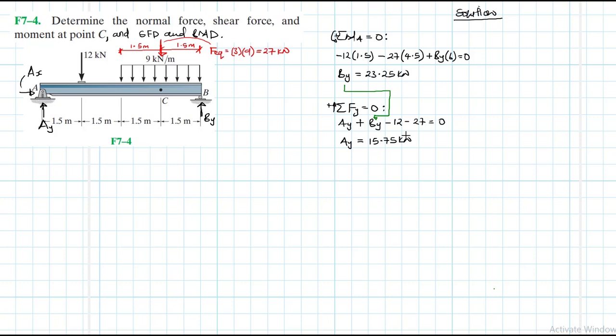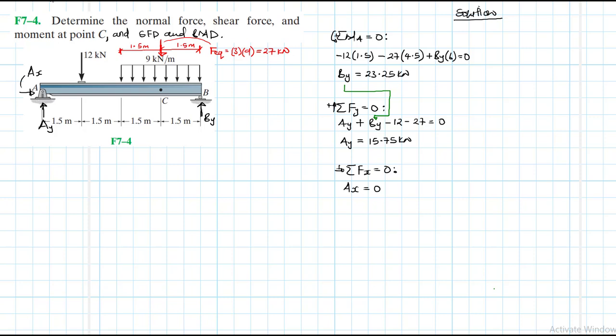So then we move on to the next step and find summation of forces in the x direction. Of course, we just expect a zero in that direction because we don't have any force applied in that direction. So Ax is equal to 0. So we have all the reaction forces.